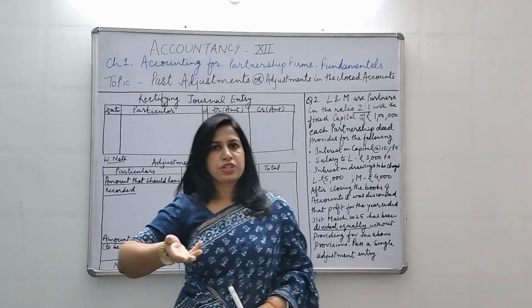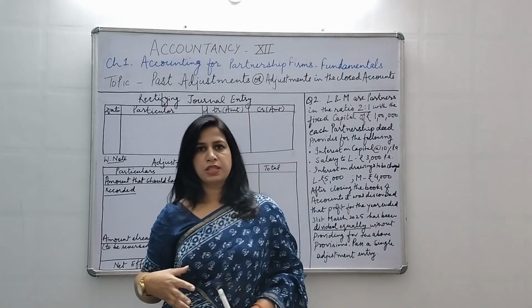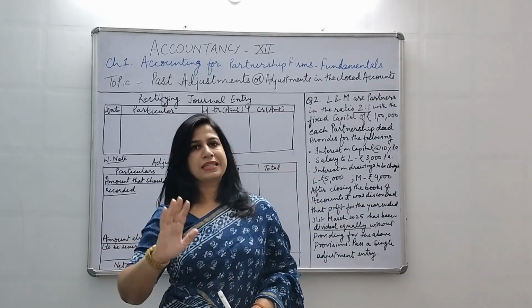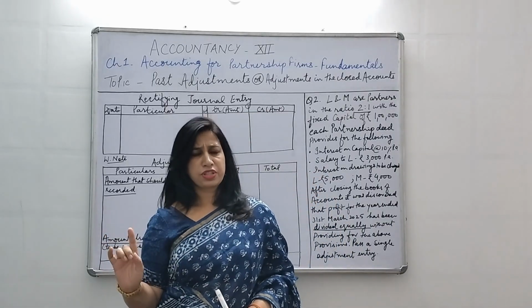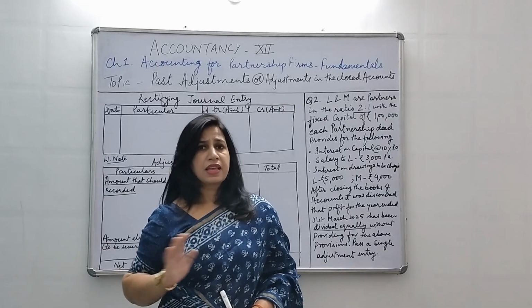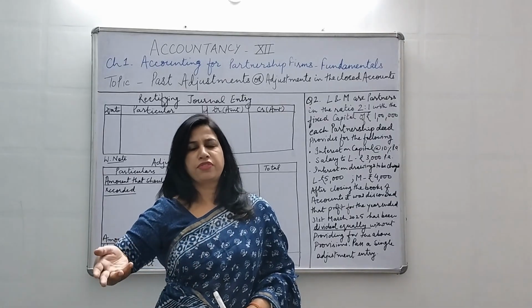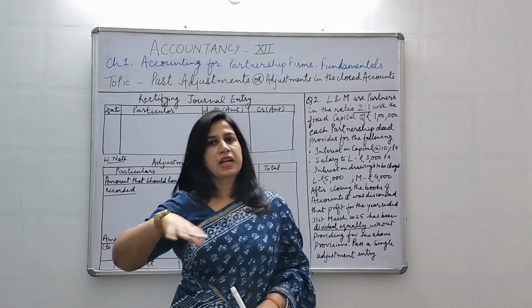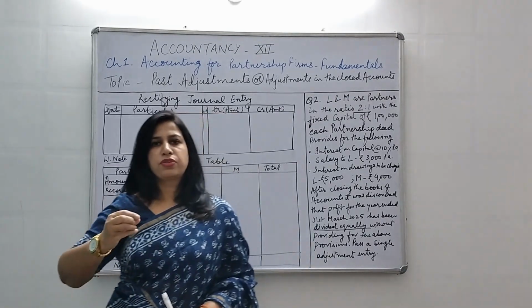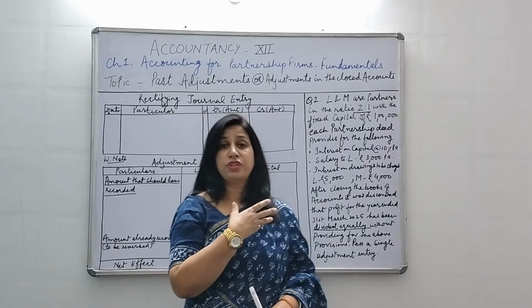Fine. So in any question, if with these omissions only one profit sharing ratio is given, it is the same. In that case you don't go for divisible profit, because the rest of the profit must be correct. Okay, we only have to do corrections for the missing provisions.